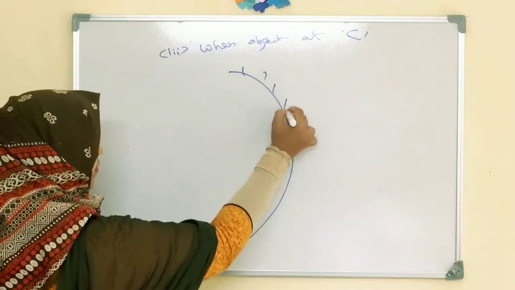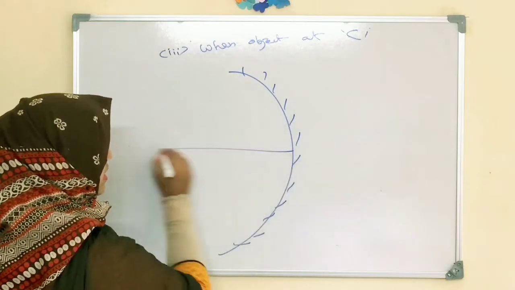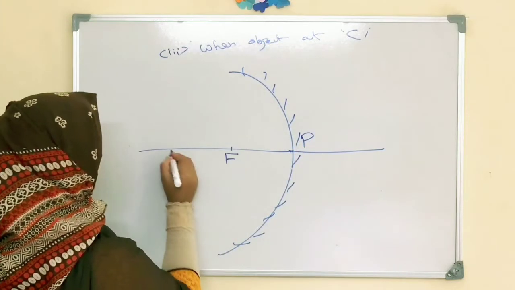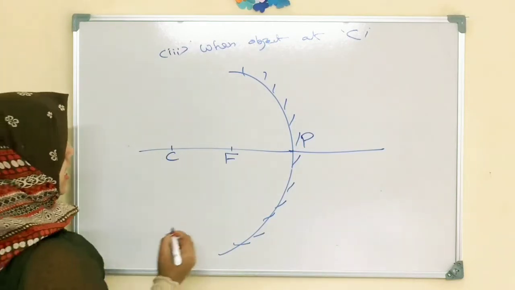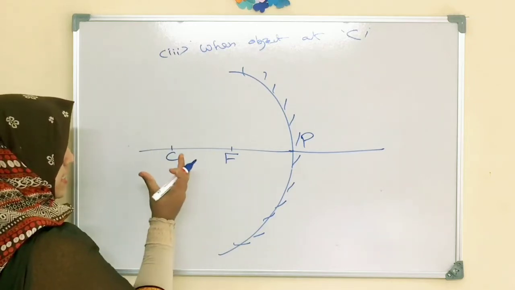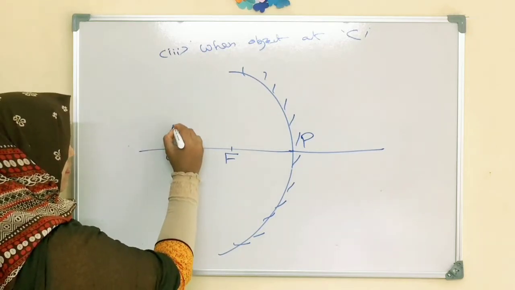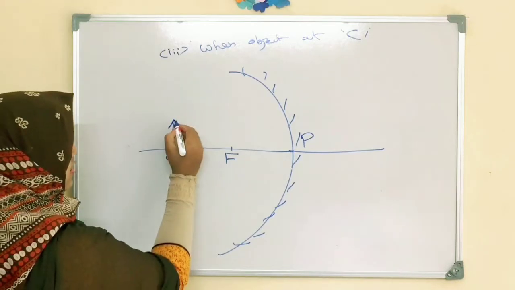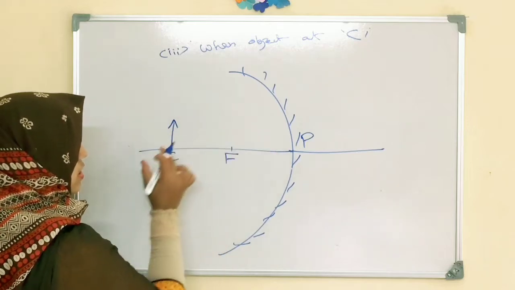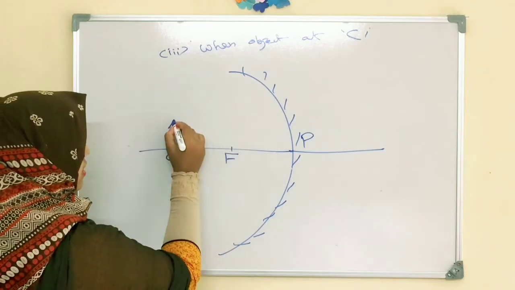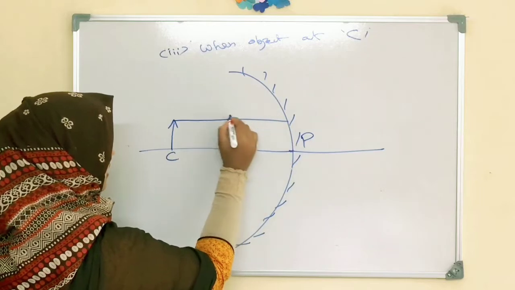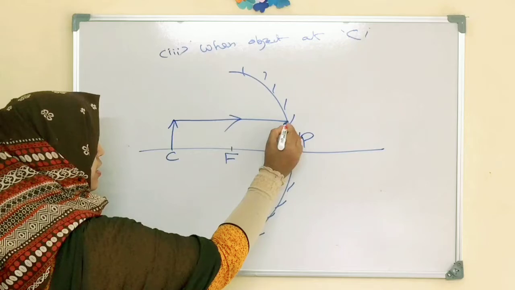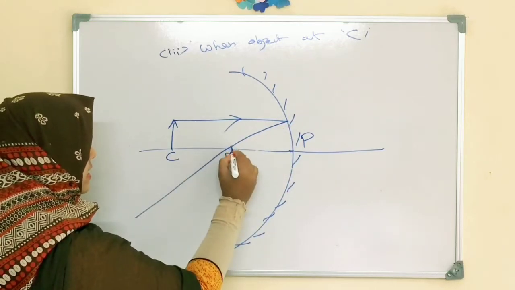Concave mirror, principal axis, pole, focus and C. Here the object is at C itself. Then we use the first rule, that is, parallel to the principal axis, then after reflection it passes through focus.